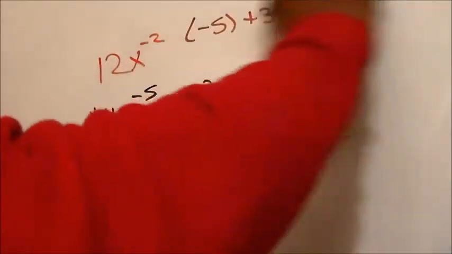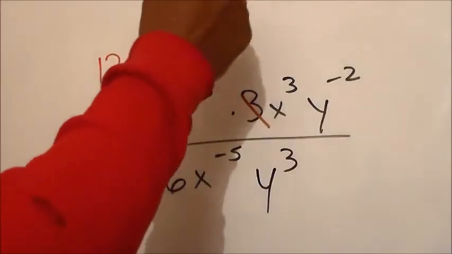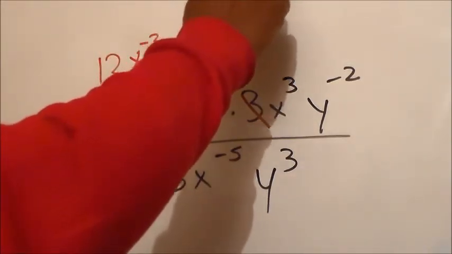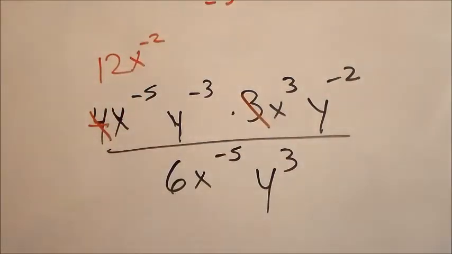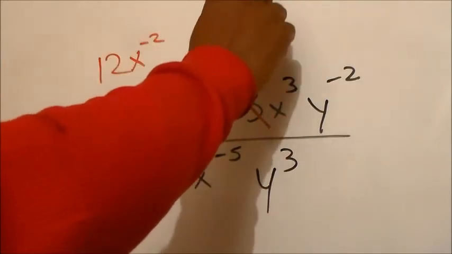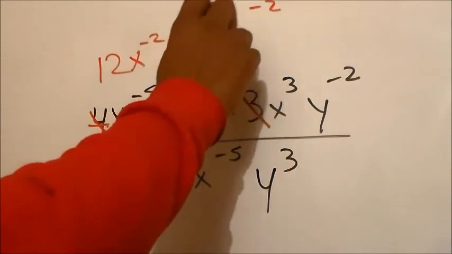When we look at our y, it's like saying negative 3 plus negative 2. We remove the parentheses, this becomes negative 2, negative 3, so y to the negative 5.